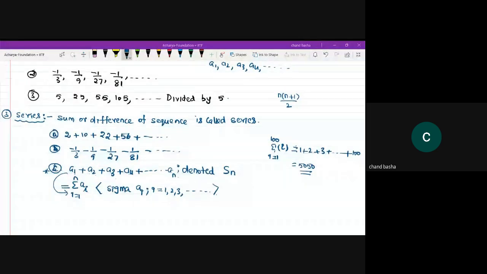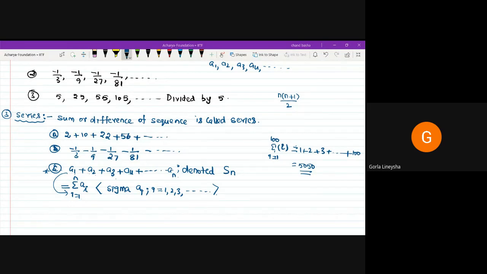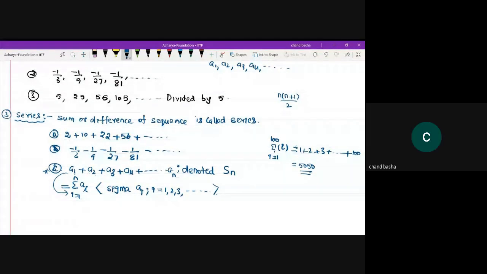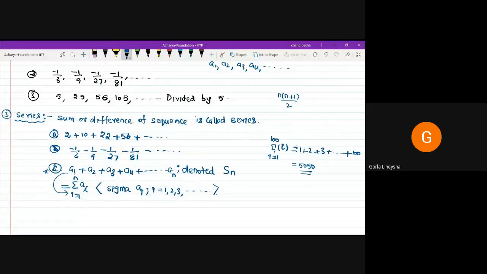But our concept is not sequence and series. It is a part of your next topic. Sir, can you once again spell the formula? Which formula? Series formula.